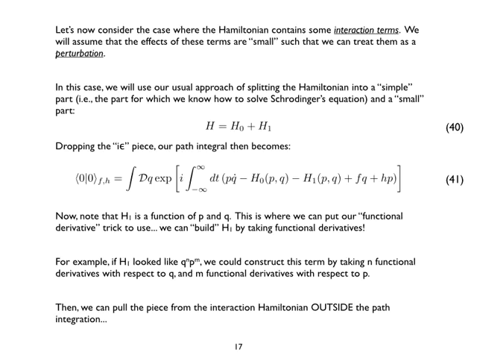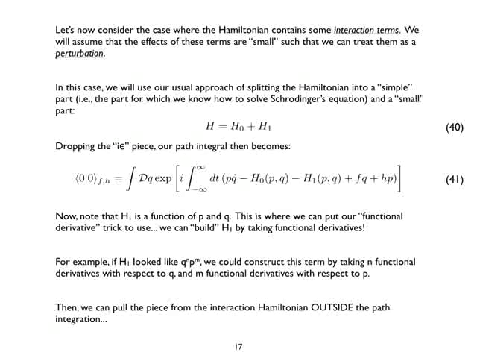When we studied perturbation theory back in quantum 2, we always said that the Hamiltonian breaks into two pieces: a simple piece, simple meaning we know what the solutions are, and a small piece, meaning that we can do a perturbative expansion when we try to compute observables.